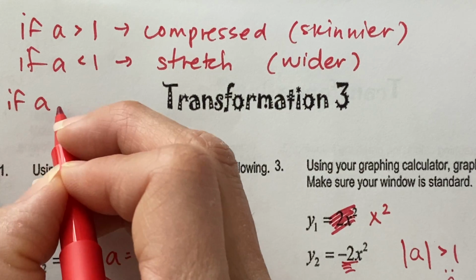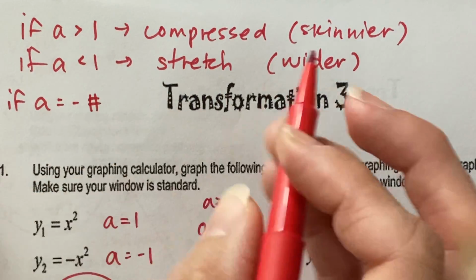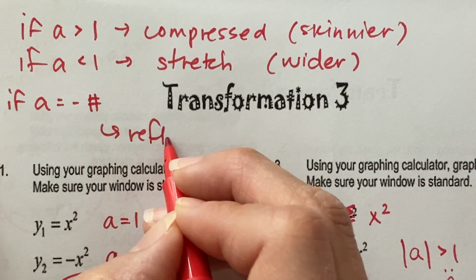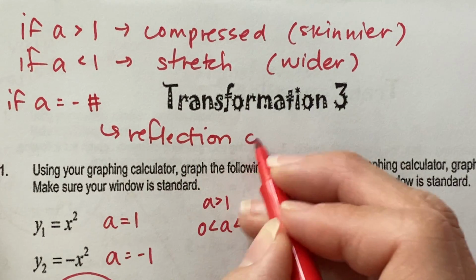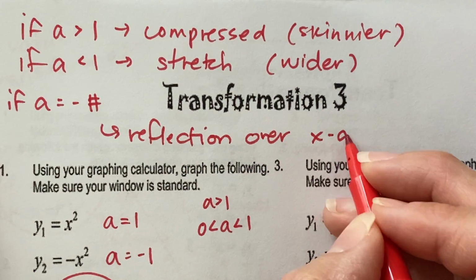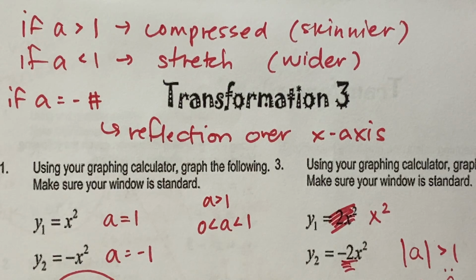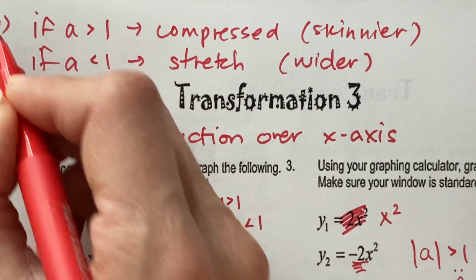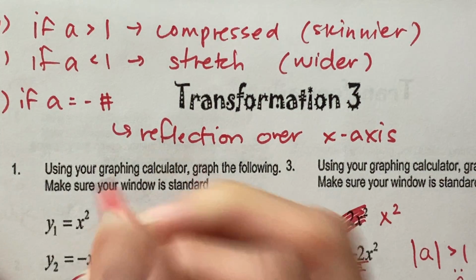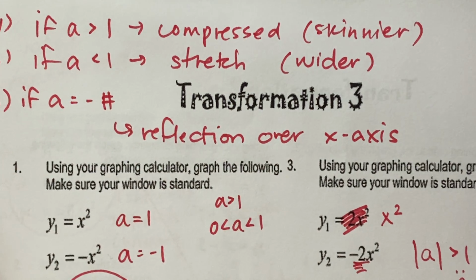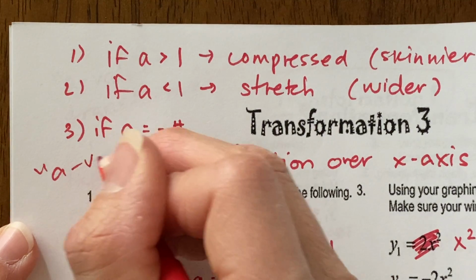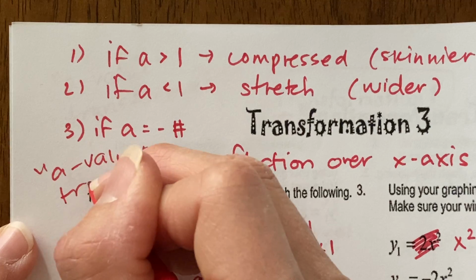If A is negative, it's a reflection over the x-axis. Those are the three things that you have to know for what we call A value transformations.